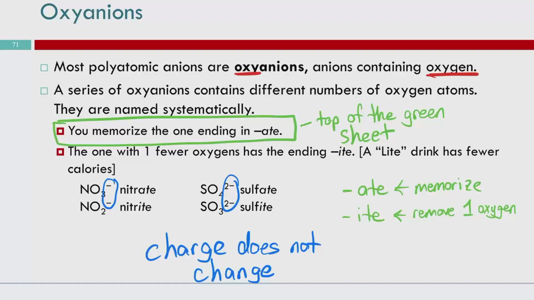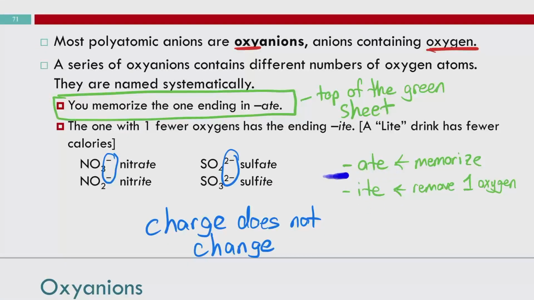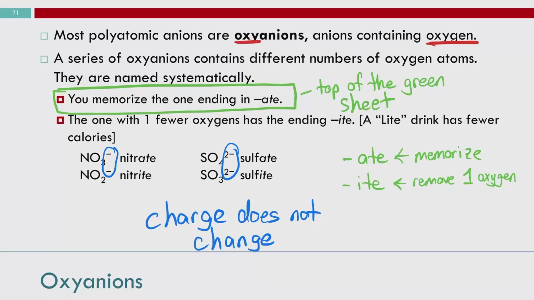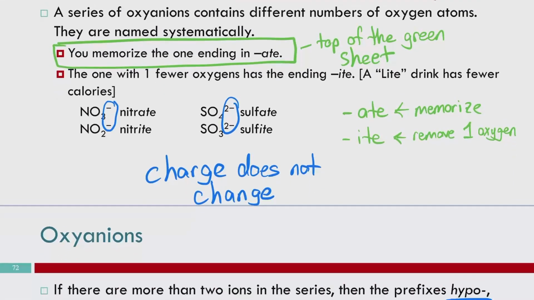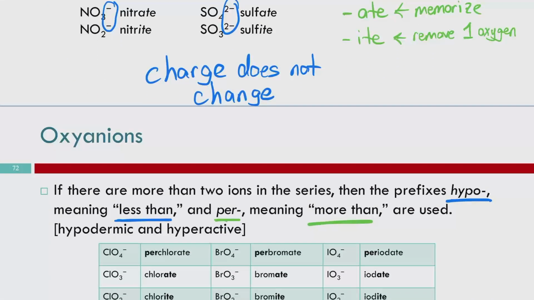So we took one of our oxygens off. The charge doesn't change, which is awesome for us. No extra charges to memorize. They either have charges of 1, 2, or 3 minus. So the ATE ending, that's the one we'd memorize. Either it has 3 or 4 oxygens, depending on the element. The ITE version is going to have 1 fewer oxygen, and the charge is not going to change.